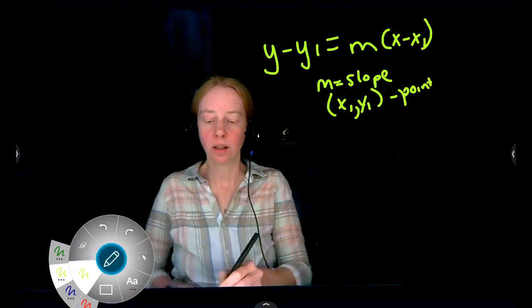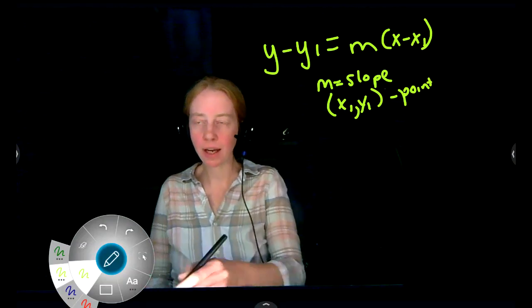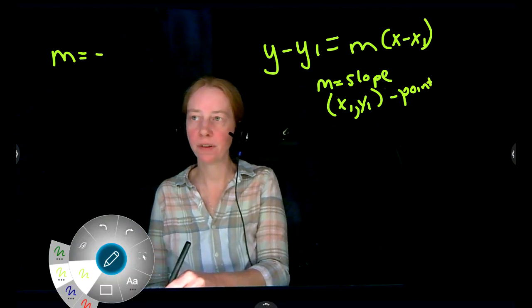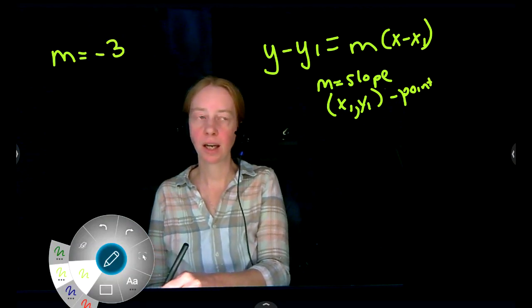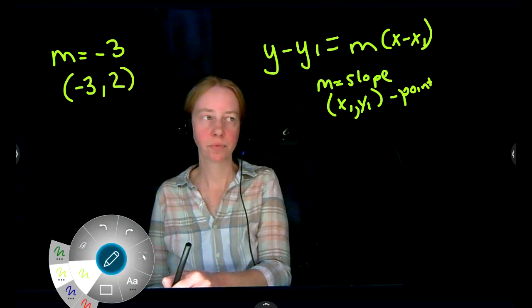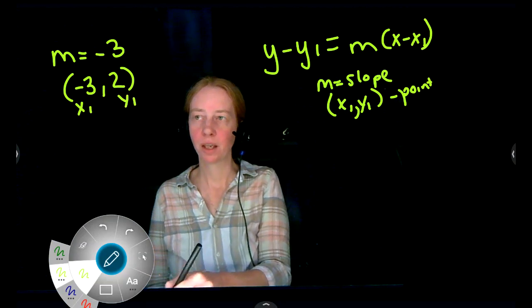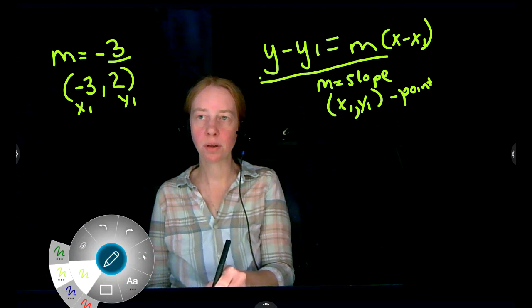Let me show you what that means. Let's say I have a slope of -3 and a point (-3, 2). This is my x1, this is my y1, and this is my slope up here. I'm going to use this formula to write an equation.